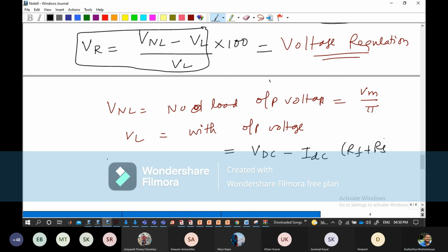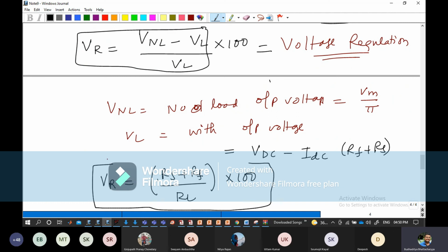Whatever it is, the final outcome of this is VR is RS plus RF by RL into 100, where this RS is nothing but a series resistance which is connected to a diode while it is used as a voltage regulator, which is not needed. As I said, it is not that important as of now, but this is the equation that finally we get for the voltage regulation. All right.